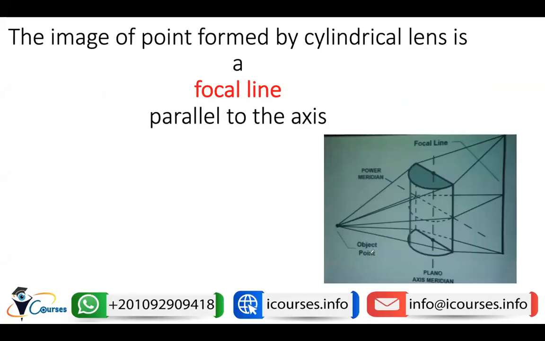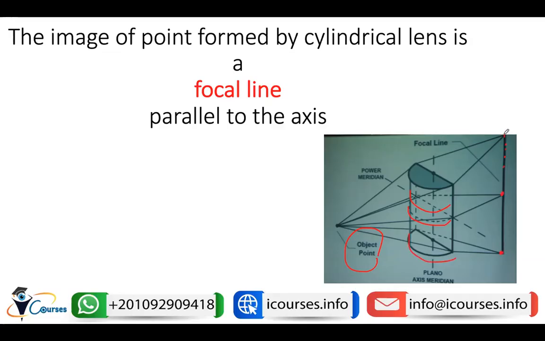So we have here a point object. This point object will project light rays that will come to the curved surface of the cylindrical lens. Each plane of the curved surface will form a point of focus. So this will lead to a point of focus here, and this surface will act as a convex lens, making a focus here, and this surface will make a point here.